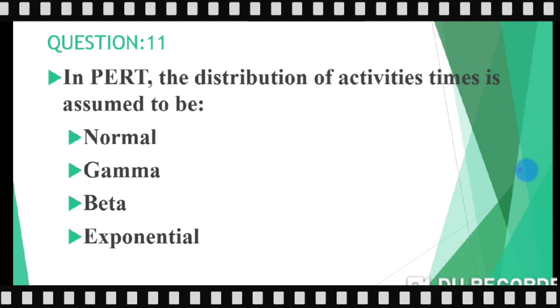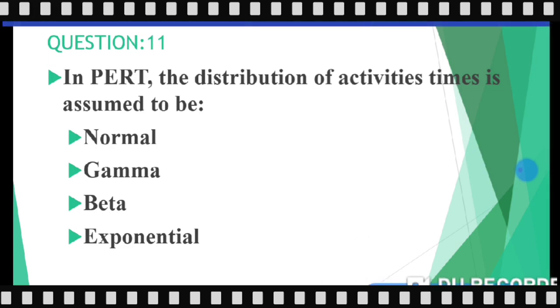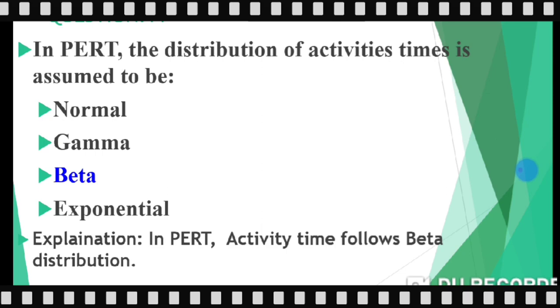Okay, so the first question is: in PERT, the distribution of activity times is assumed to be. It is talking about the activity times. In the last lecture I told you, for activity times in PERT, which distribution is followed? Please tell me. So in PERT, activity times follow beta distribution.